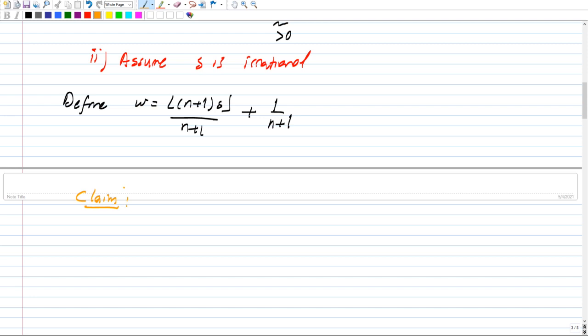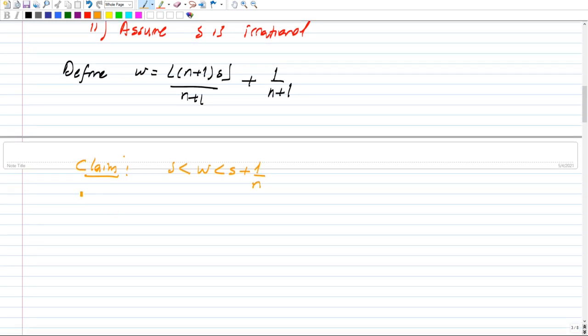Claim: S is less than w and w is less than S plus 1 over n. Proof. Okay, first the left hand side.